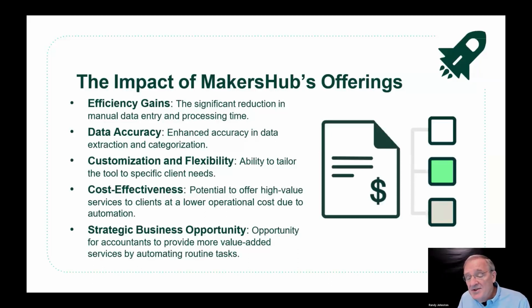There's a lot of customization and flexibility in the tool. Because of that, I think it's pretty cost effective, even compared to outsourcing. So the automation may be more cost justifiable than outsourcing. And I believe it becomes a strategic opportunity for you in your CAS practice in particular, and it may not hurt your firm in the meantime.